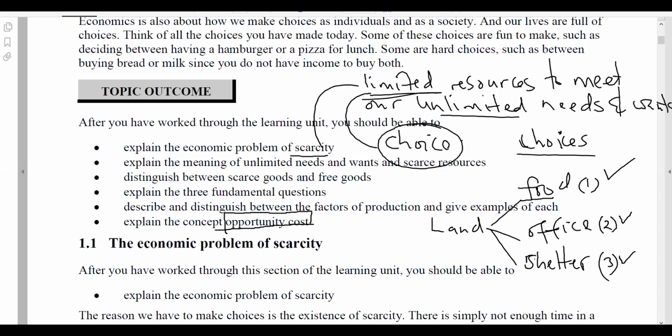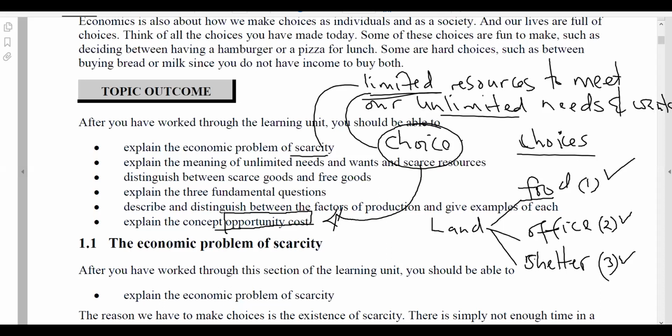So whenever a choice is made, it leads to opportunity cost. So basically, when we are done with limited and unlimited, we are left with a choice. Then on that choice, we have to see the opportunity cost of the thing that we could have done.